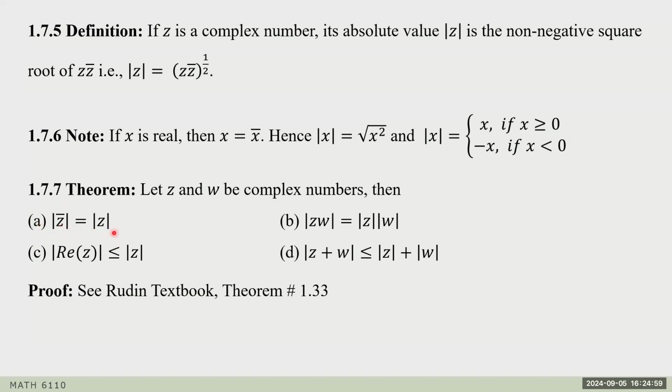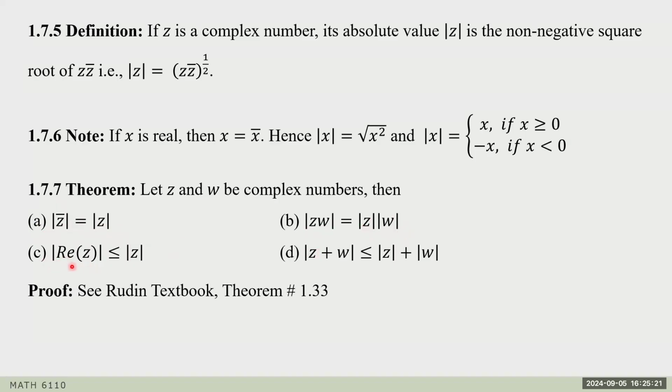When you take the conjugate, in some sense you don't change the magnitude of the complex number, you just change, if you think of it like a vector, the direction that it's pointing. And the modulus of z times w is the same thing as the modulus of z times the modulus of w.